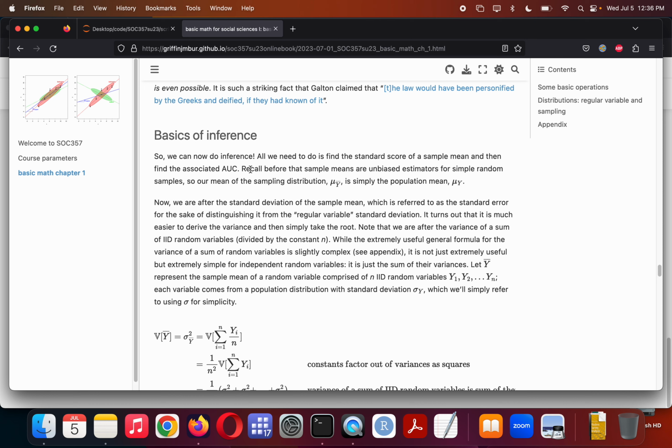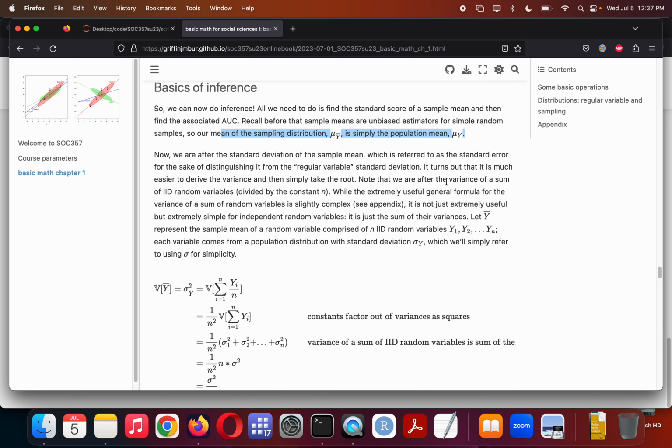The sample mean is an unbiased estimator of the population mean. So the sampling distribution is going to have a mean, mu y bar, which is simply equal to the population mean, mu y. So that's the mean of our sampling distribution. It's the true population mean. You might wonder, well, don't we not know the population mean? And that's true. We'll come back to that.